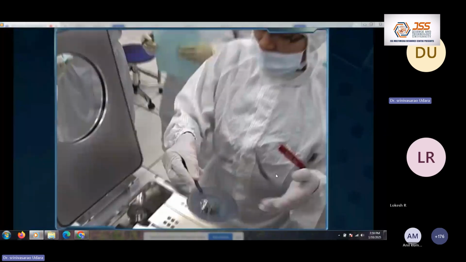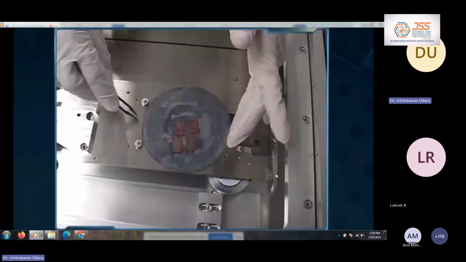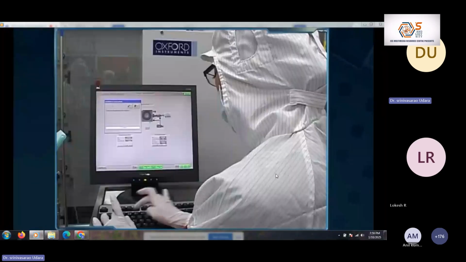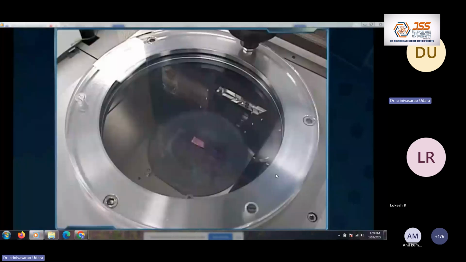We now load the samples into the RIE station load lock chamber. Next, using the graphical user interface of the station, we create a vacuum in the load lock. Then the samples are transported into the RIE main chamber.